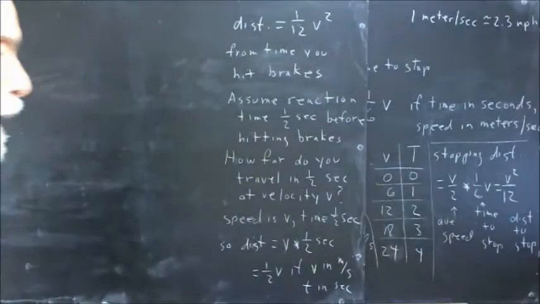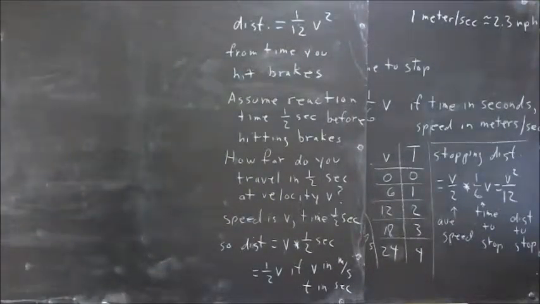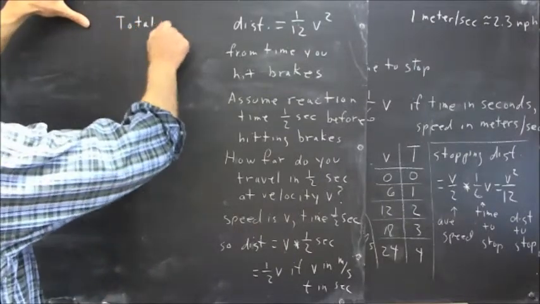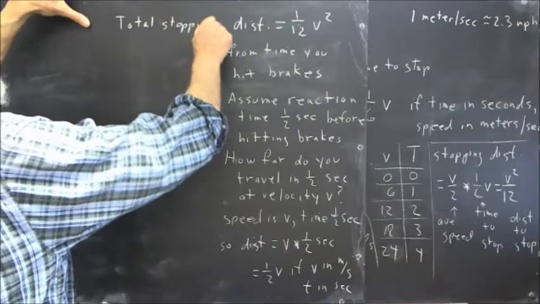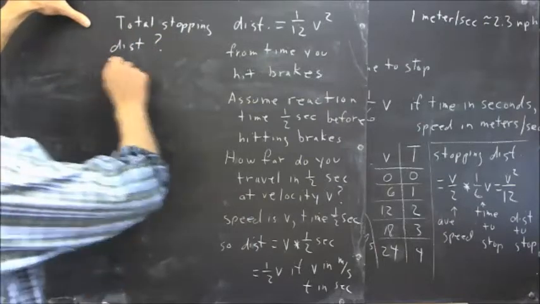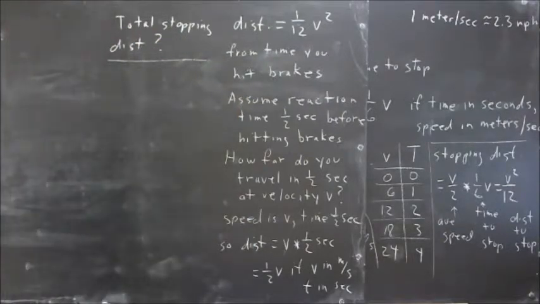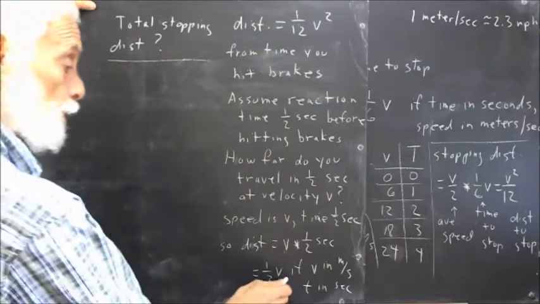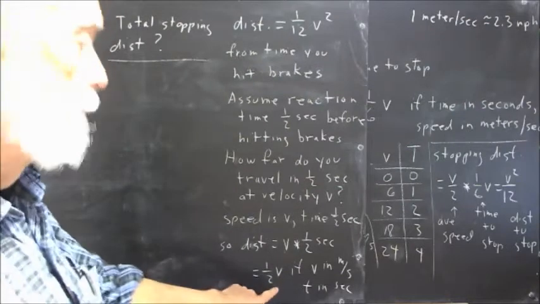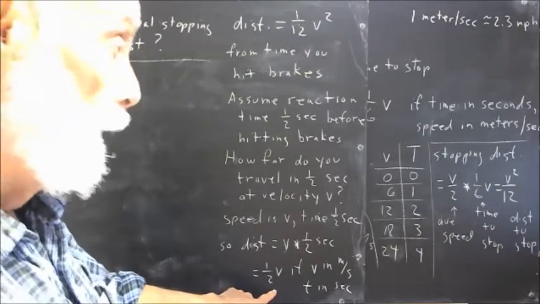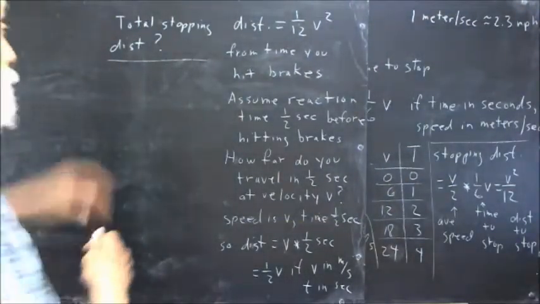So now, what's the function for your total stopping distance? You should pause while I'm writing this out and write down your response to this. But I'm going to go ahead now and say that the total stopping distance is going to be this 1/2 v that you travel before you get to the brakes, and the v squared over 12, the distance you travel after you've hit the brakes.